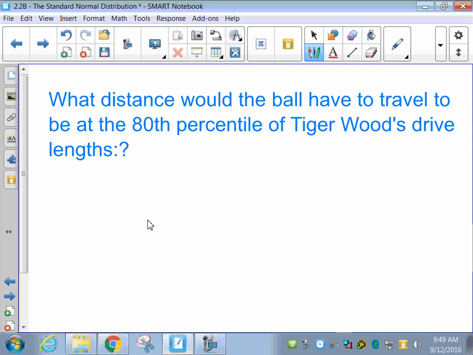All right, so I have a, oh wait, we got to work backwards. Forgot. We got to do one where we work backwards in real life. So what distance would the ball have to travel to be at the 80th percentile of Tiger Woods' drive lengths? So again, draw a picture. It always helps to draw a picture. Okay, so we have to be at the 80th percentile. So that's over here where we were before.